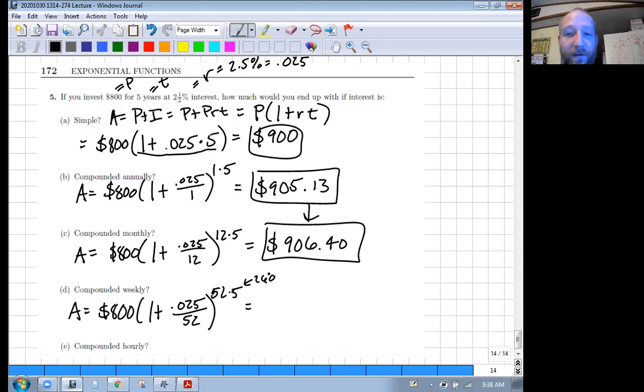So I got 0.025 divided by 52, add 1, and now we raise that to the 260th power and then multiply by 800. Just $906.49. We got an extra 9 cents.